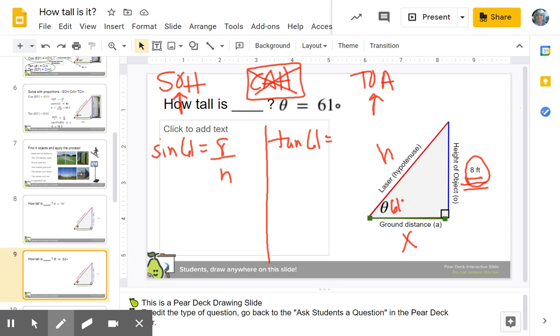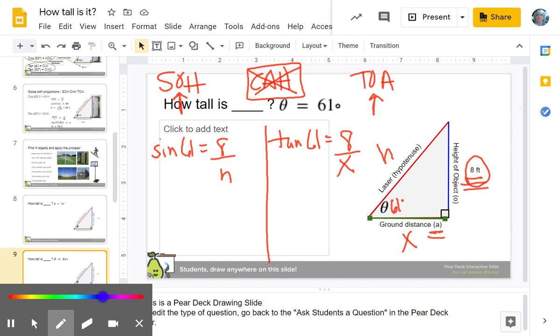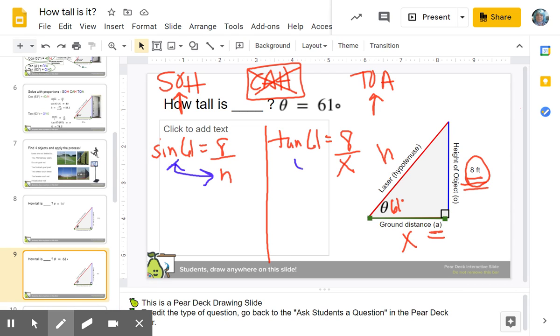So 8 is my opposite over adjacent, and the X was my adjacent. Does that part make sense to everybody? Yeah? Okay. Because I've got a variable in the denominator, these two things can just switch places.